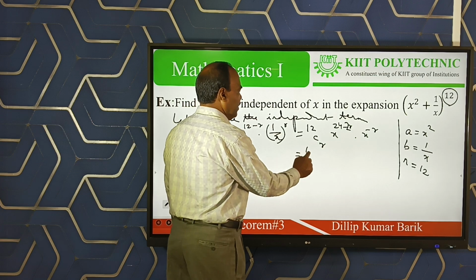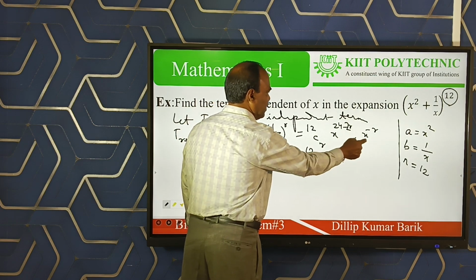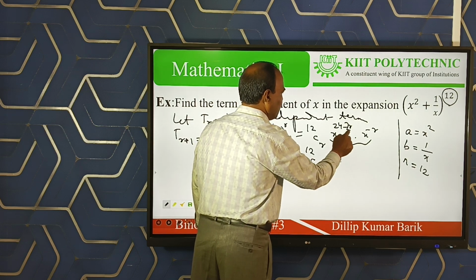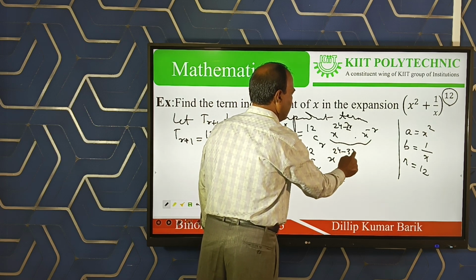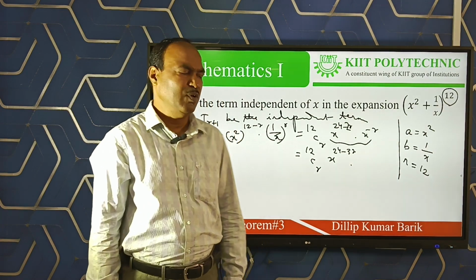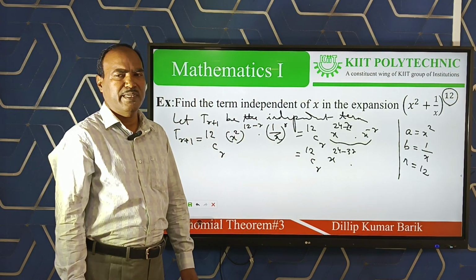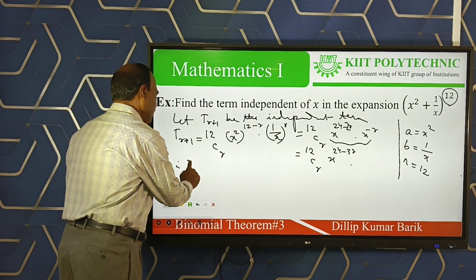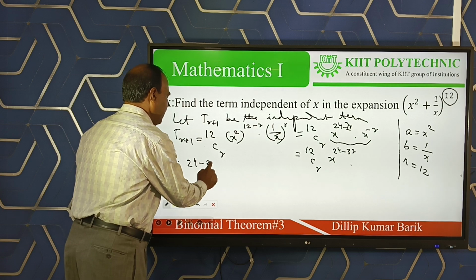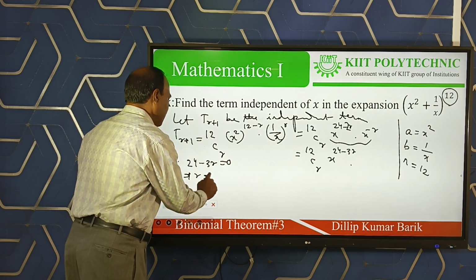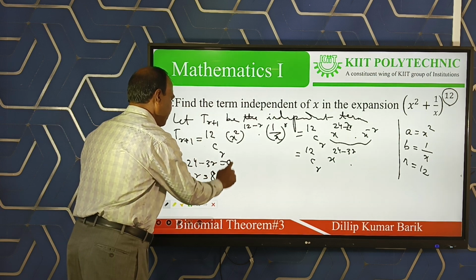Combine the x exponents: 2r plus r, nothing but 3r. For the independent term, as I already told, the power or index of x should be equal to 0. Therefore 24 minus 3r is equal to 0, and on simplification we get r equal to 8.